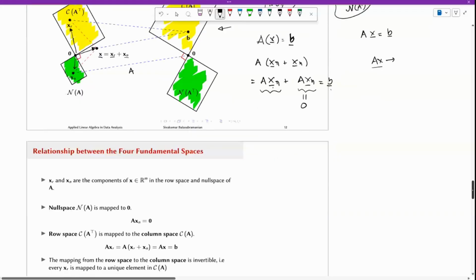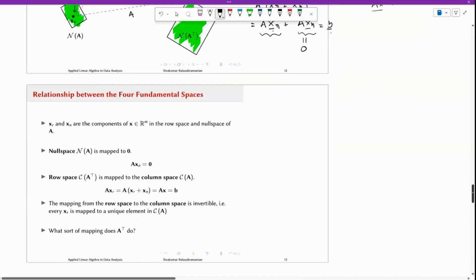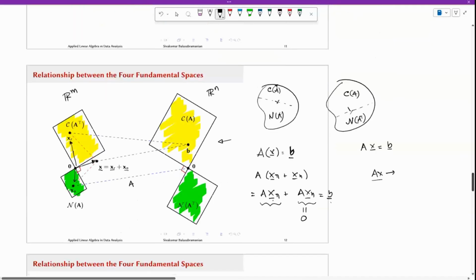And in terms of solving AX equals B, let's say we know B, and we know of course A, and we ask, can you solve for X? If B is a vector that comes from this yellow colored subspace, only the column space, that means B has no components in the left null space. It's fully restricted to the column space of A, then you can solve it.